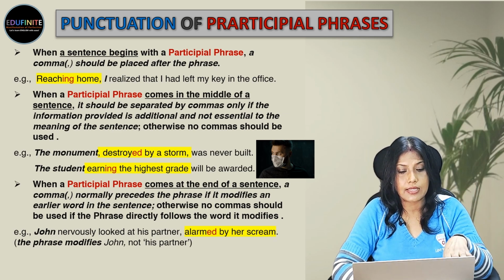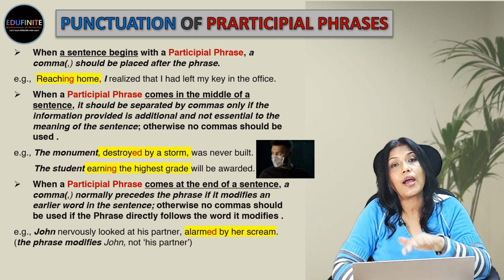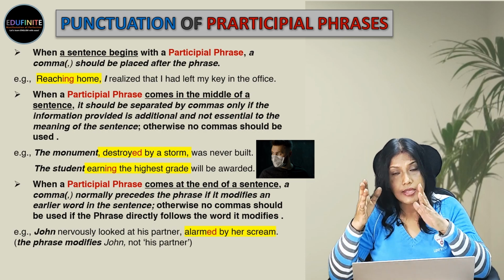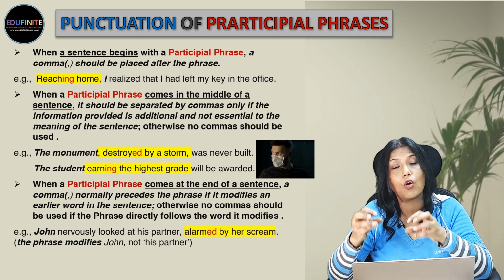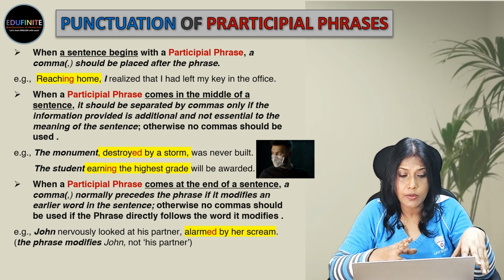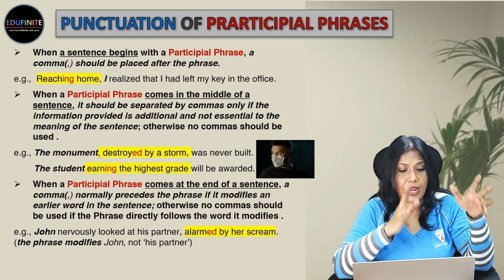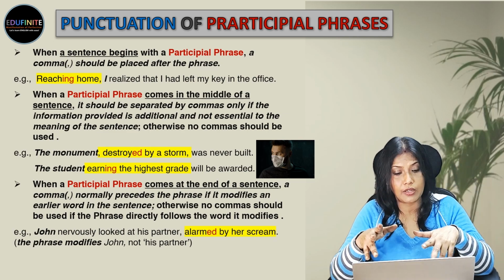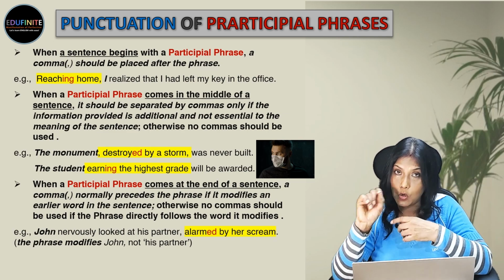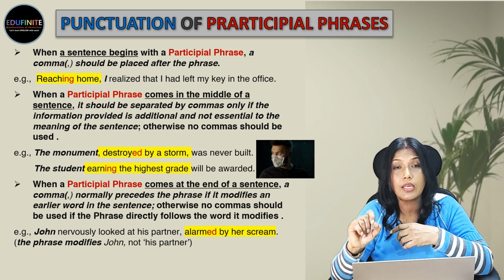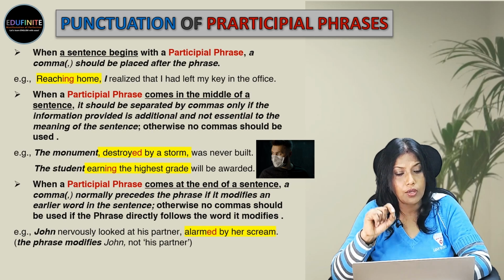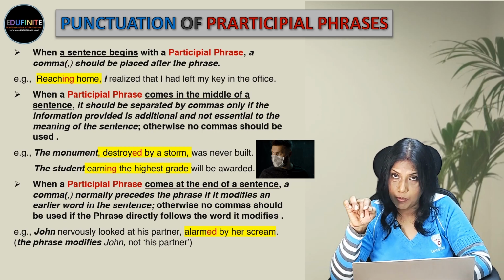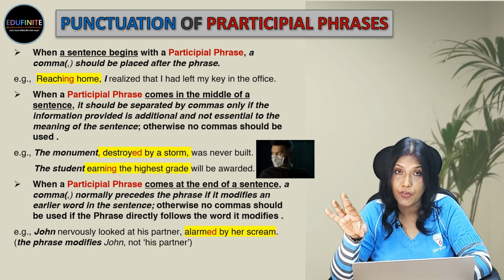Since alarmed by her scream is modifying the noun John, which is placed before the noun the partner, we have to put a comma before the beginning of this participle phrase. So we write John nervously looked at his partner and then put a comma and then write the phrase alarmed by her scream.